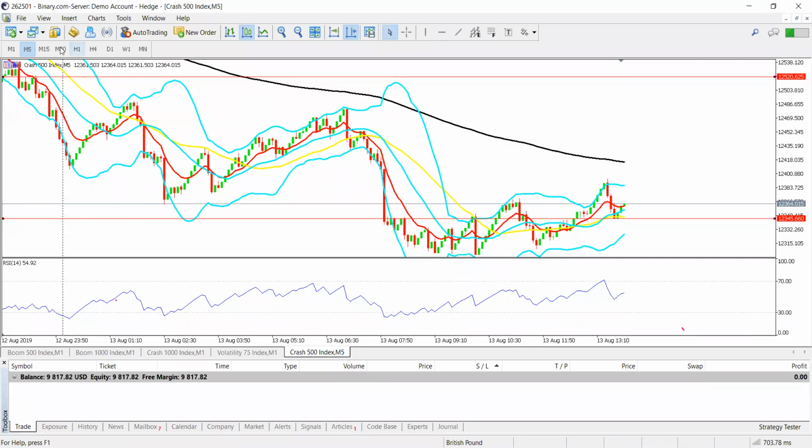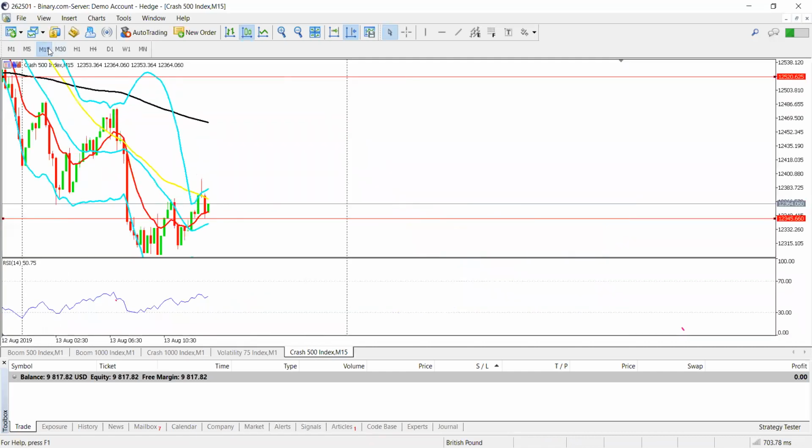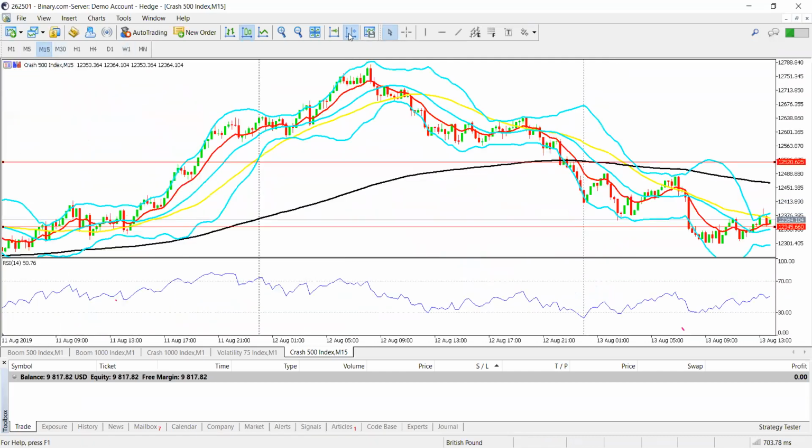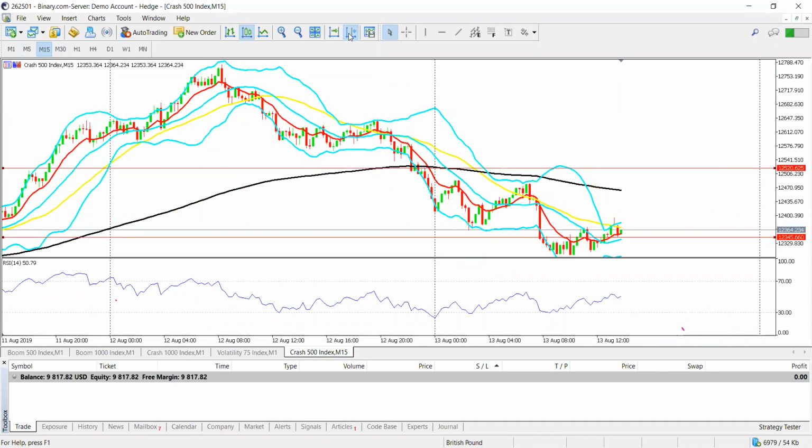Also, when you go to the bigger time frames, like the 15 minutes, I like it a lot. I like to trade from the 15-minute time frame because price obeys the candles there. It obeys the trends and the candle movements. So when you see a bearish engulfing like this on a 15-minute time frame, you know that the price is going to go down.